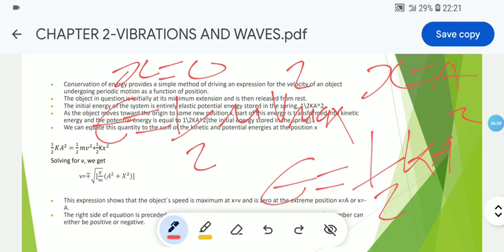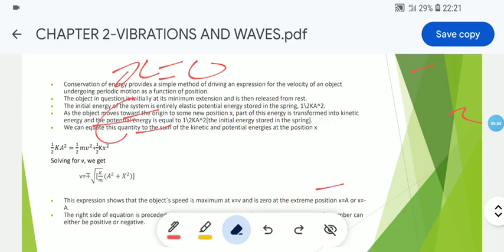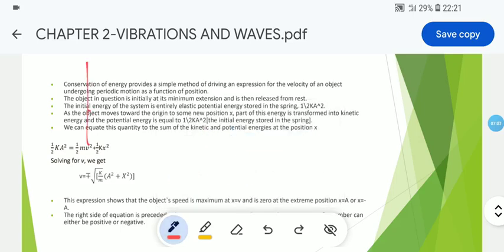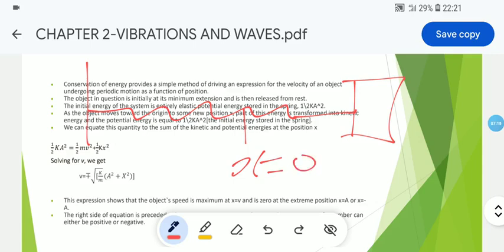Let me try to show it on a diagram. Let's say you stretch this spring. If this is the equilibrium position where x is equal to 0, then this is the maximum displacement.